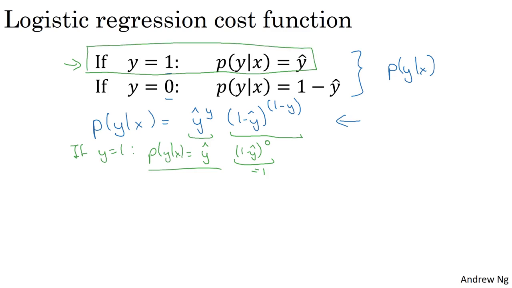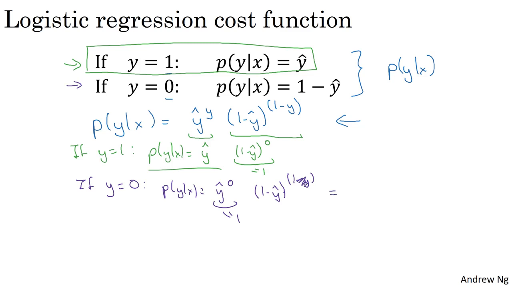Now, how about the second case? What if y equals 0? If y is equal to 0, then this equation is p of y given x equals y hat to the 0, but anything to the power of 0 is equal to 1, so that's just 1 times 1 minus y hat to the power of 1 minus y. So 1 minus y is 1 minus 0, so this is just 1.